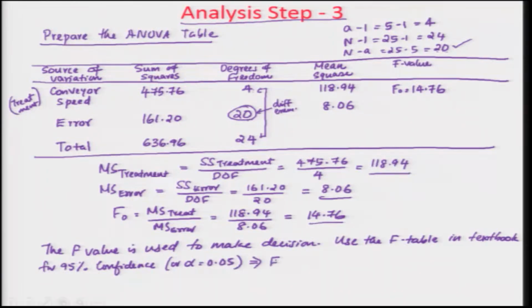You are looking at F of a and the error degrees of freedom. So, that is F of 4 and 20. The degrees of freedom of treatment and error go here. For 95% confidence, the value is 2.87.